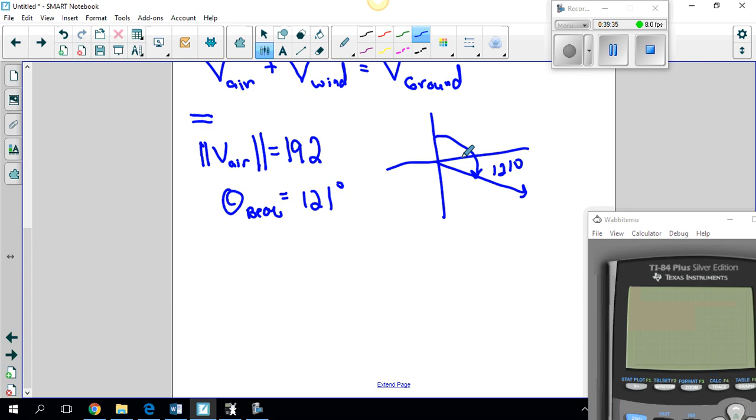It's 31 degrees past, so the true angle, theta trig, for the air is actually, well, that's 31, so 329. 31 would hit you there.